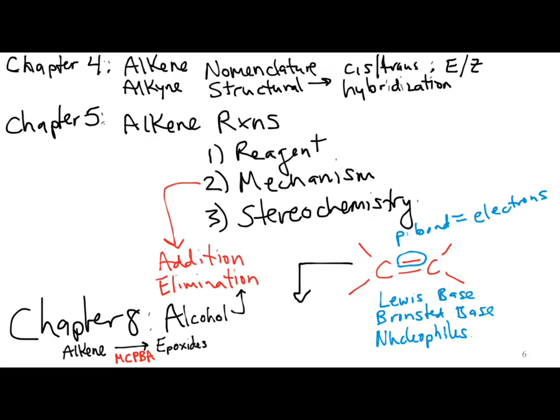We react the alkene with MCPBA. The result of that, carbon, carbon, there's an epoxide. Okay. How do the epoxides then react in most conditions?